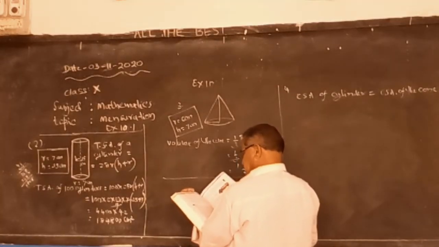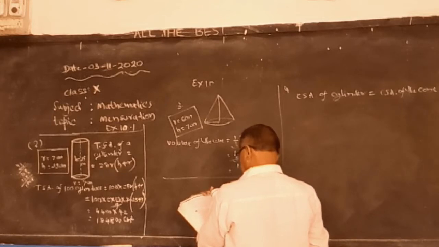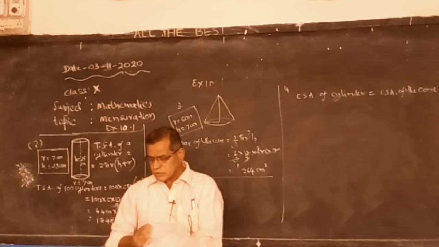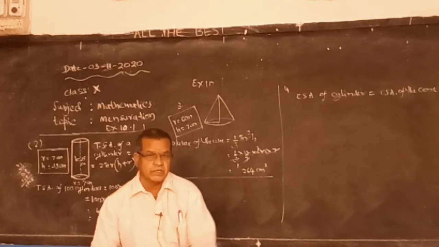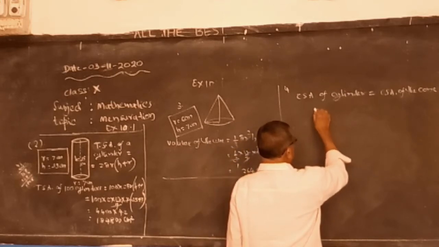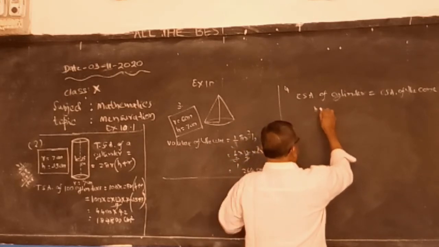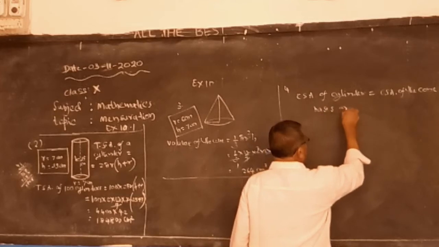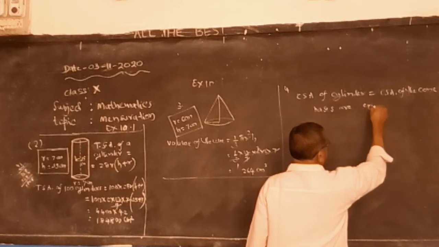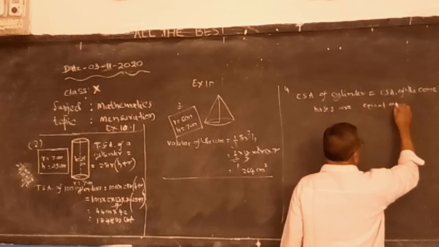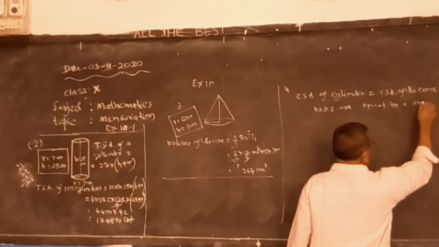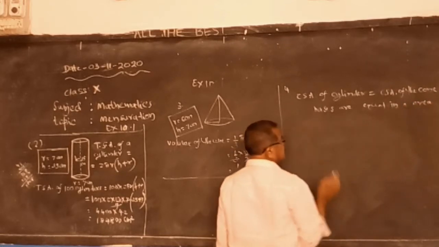If the bases are the same, find the ratio of heights and the slant height of the cone. Here the radii are equal. Bases are equal in area. Okay, that is, the radius is equal.